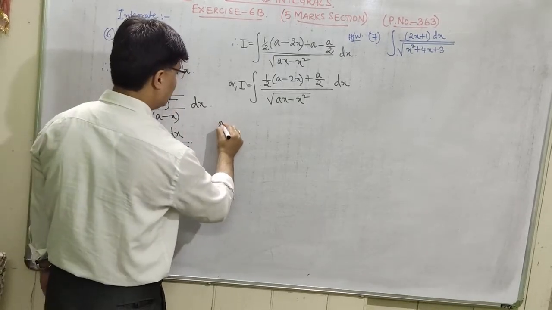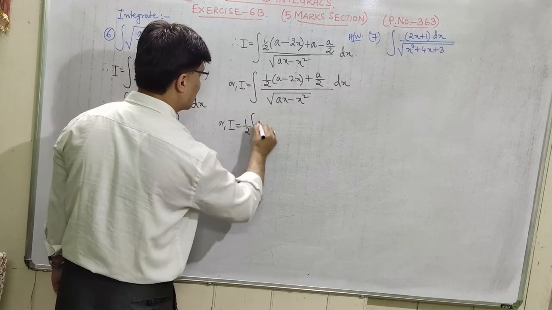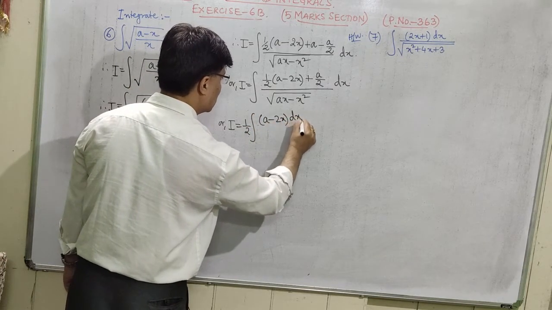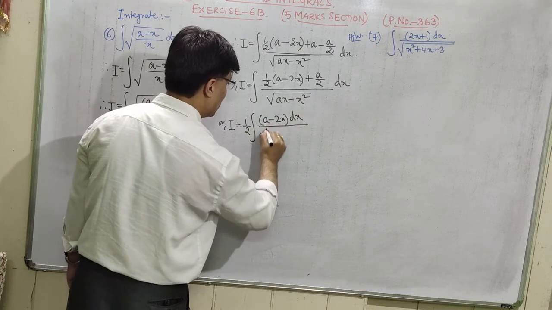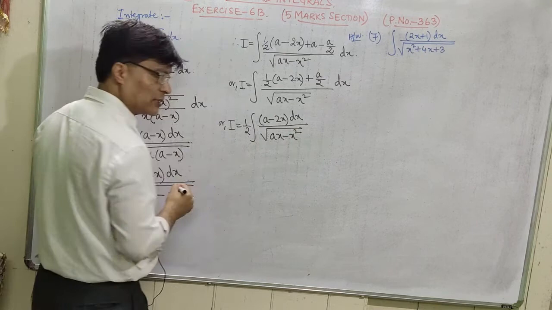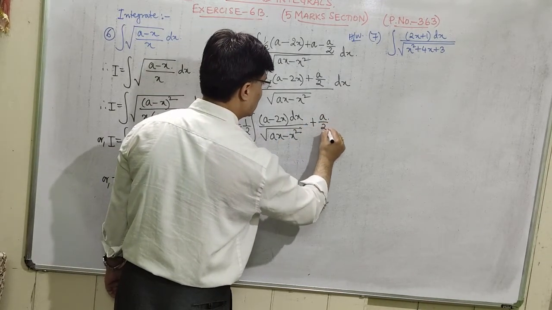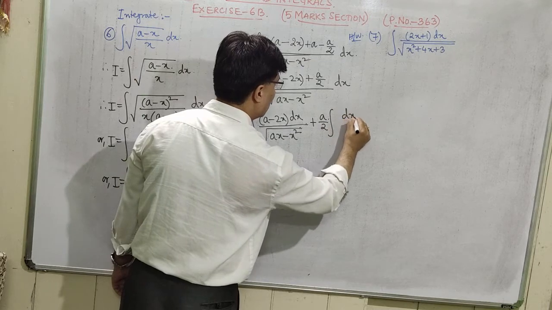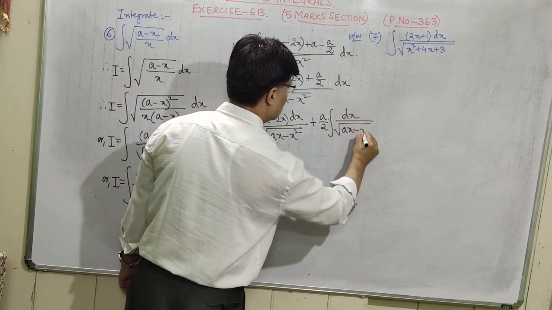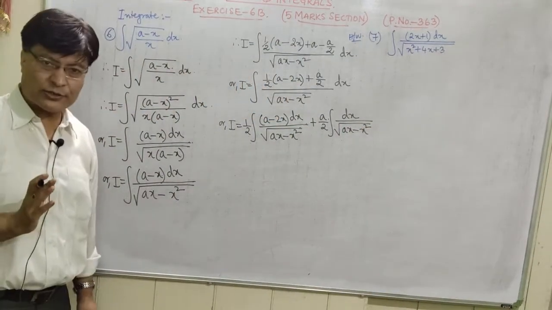Okay, so let us separate the term. Or I is equal to this is half integration of a minus 2x dx divided by within square root ax minus x square, plus now this is a by 2 integration of dx divided by root over ax minus x square. Is that understood now?